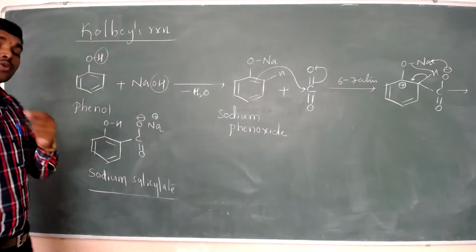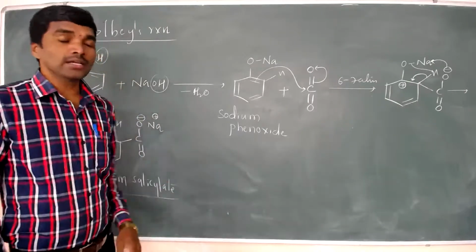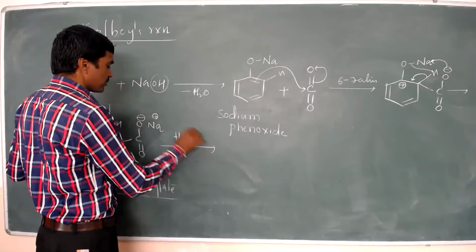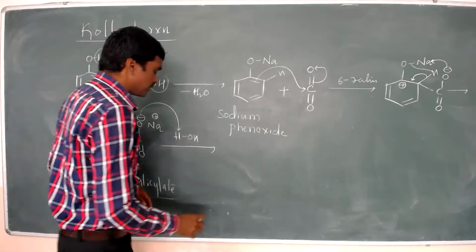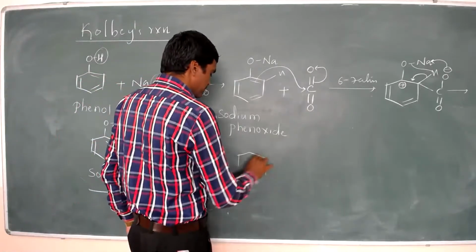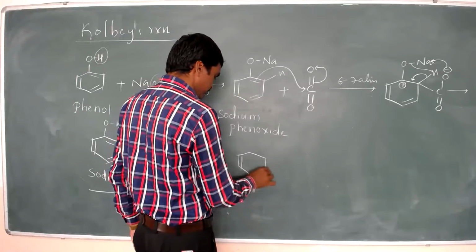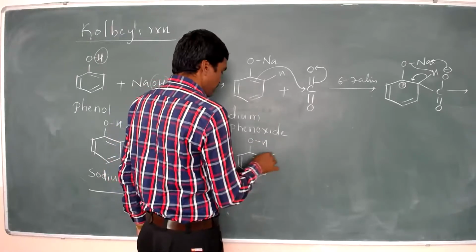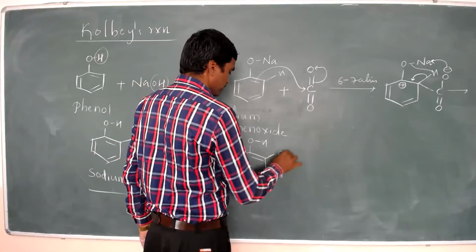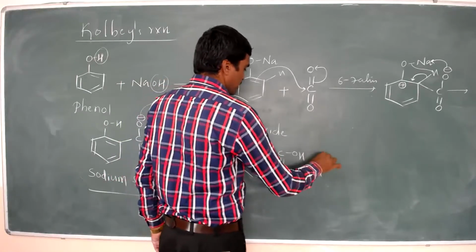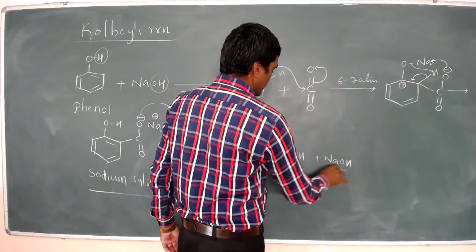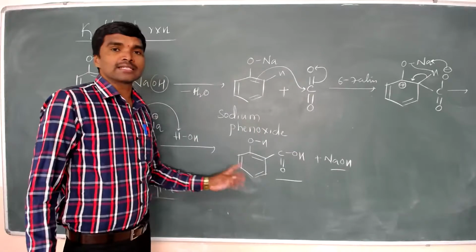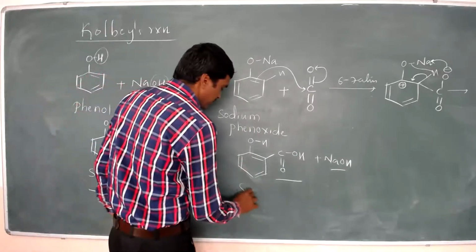This sodium salicylate further undergoes hydrolysis, then salicylic acid is formed, and NaOH comes out. Salicylic acid will be formed.